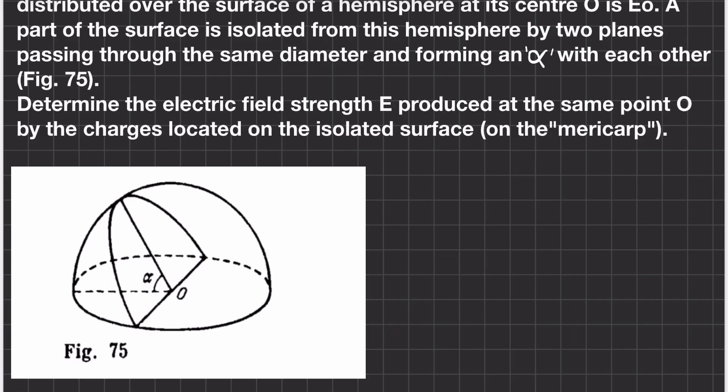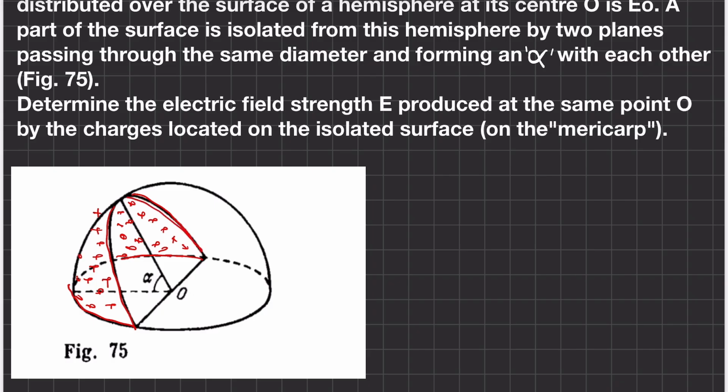So here guys, this Merry-Karp will have the positive charge, let's say, on this surface also. If I make it properly, this surface, you getting my point guys?